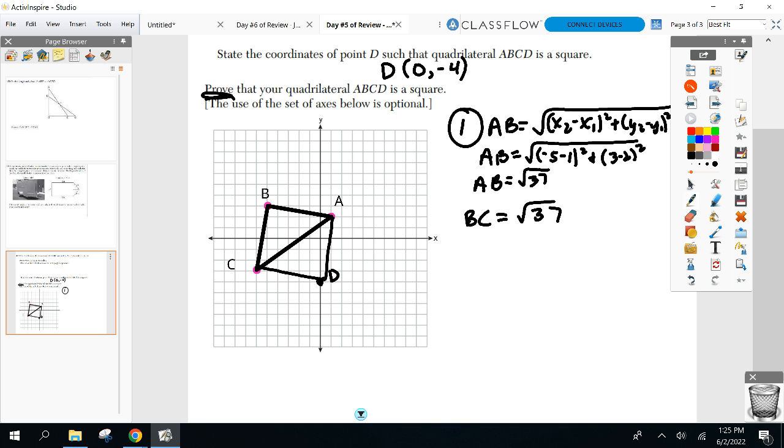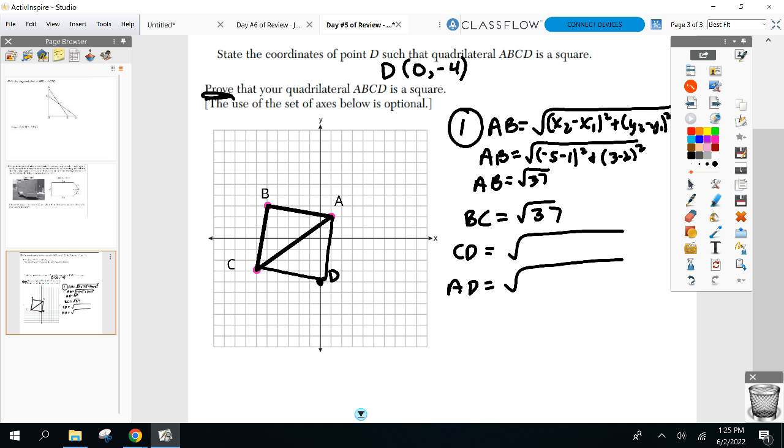So basically, I'm going to have to show CD and AD. And I guess you'll know pretty quick if you didn't get the point D right, correct?